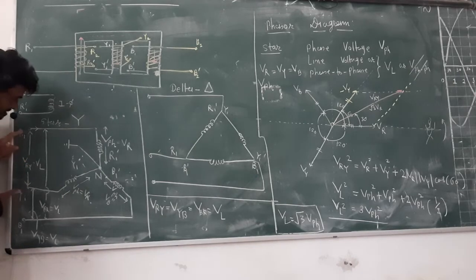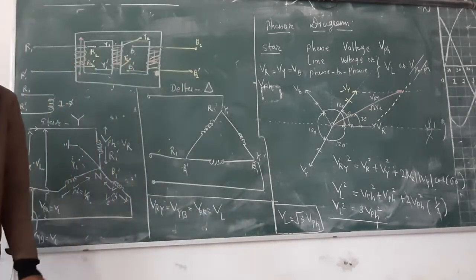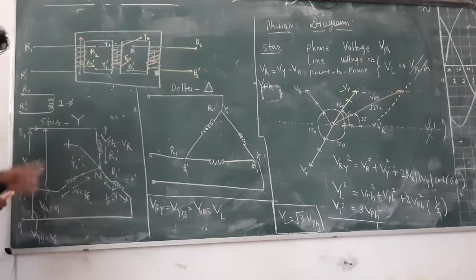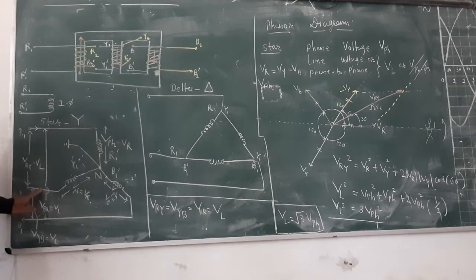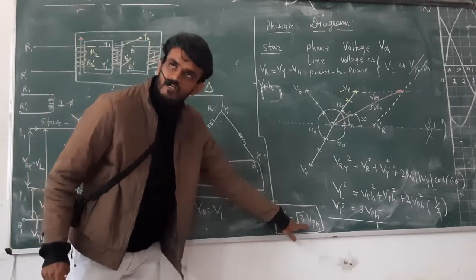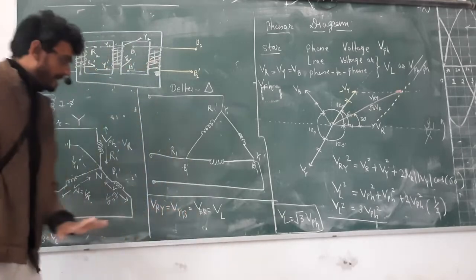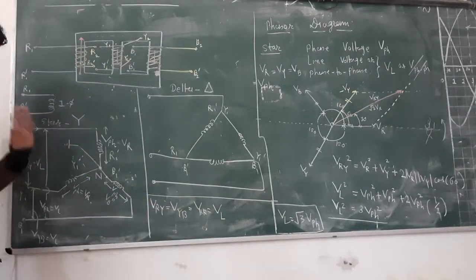But line voltage and phase voltage have this relation. The line voltage considers two windings, so that voltage must be higher than the phase voltage. So see, line voltage is higher than phase voltage by root 3 times. And line current and phase current are the same.